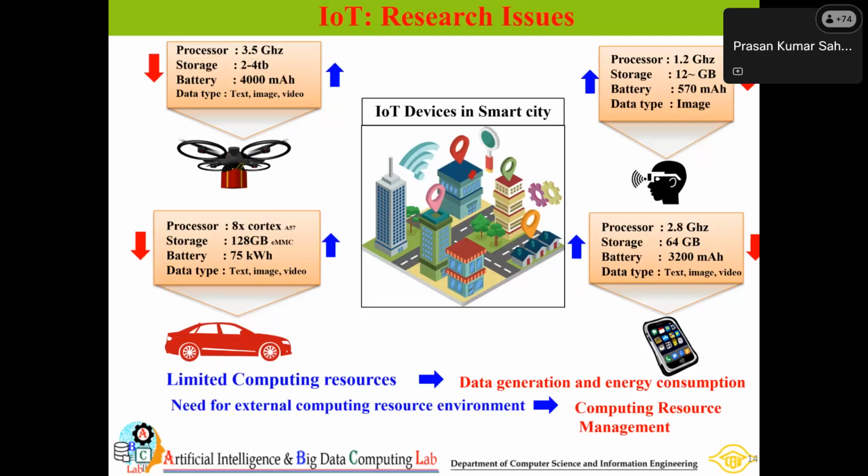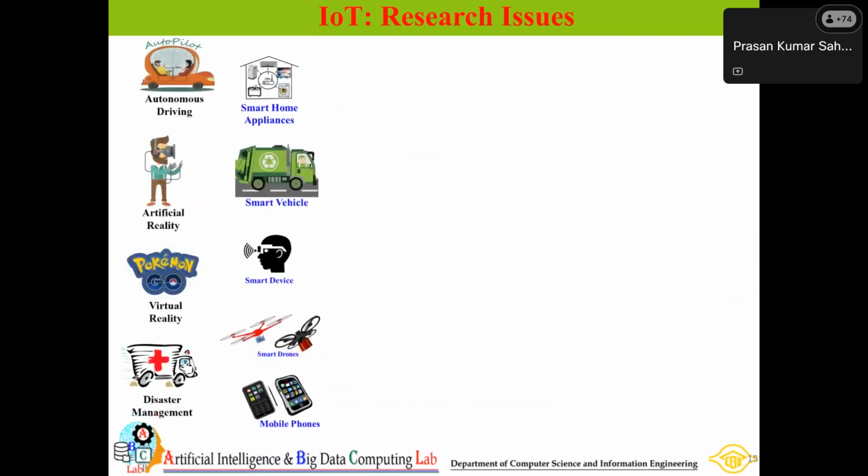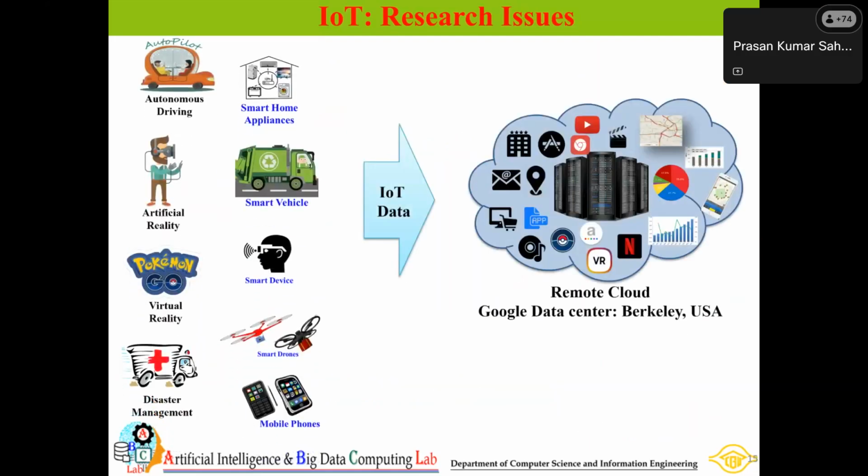So we can see in the smart city, I am giving here an environment related to the research issue. So it could be autonomous driving. It generates lots of data.